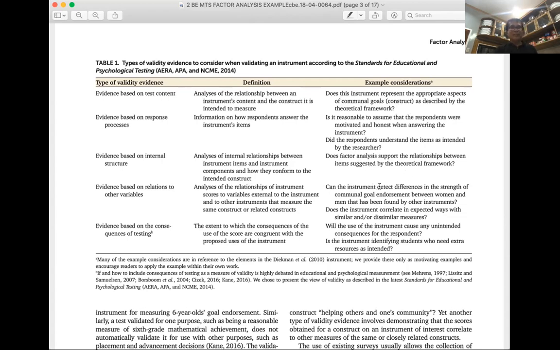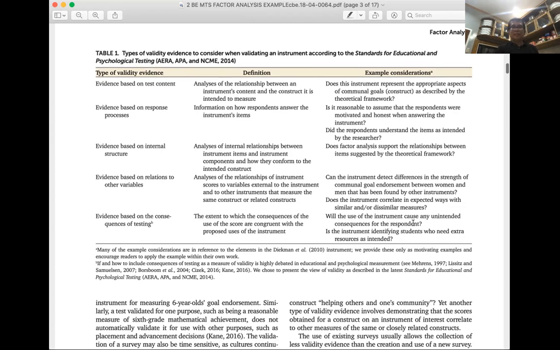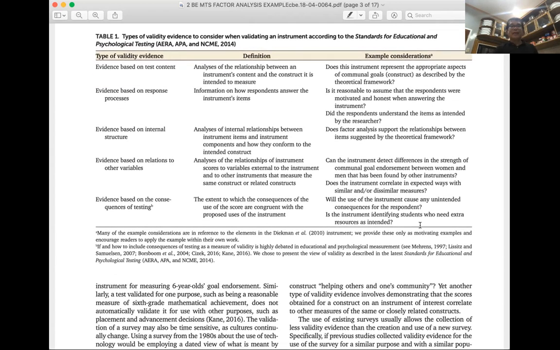Can the instrument detect differences in the strength of communal goal endorsement between women and men that have been found by other instruments? Does the instrument correlate in expected ways with similar and or dissimilar measures? Will the use of the instrument cause unintended consequences for the respondents? Is the instrument identifying students who need extra resources as intended?